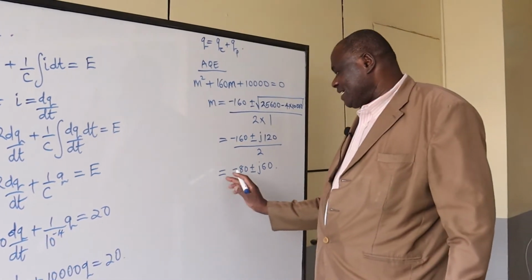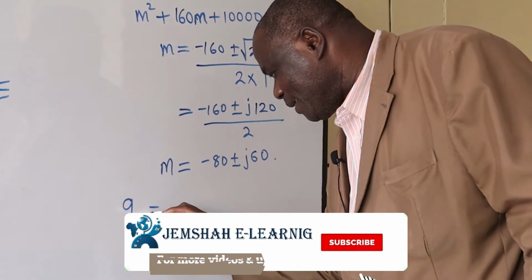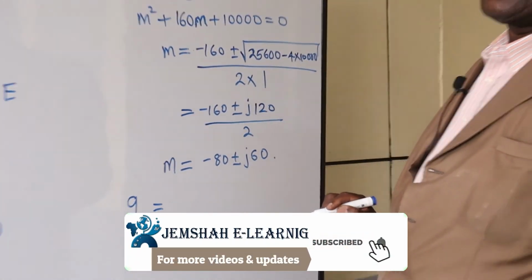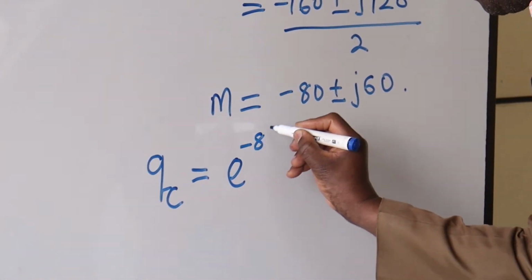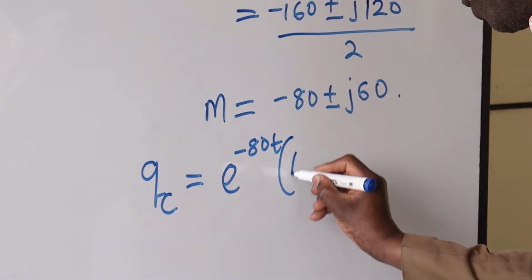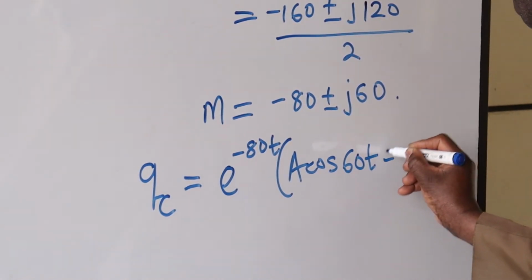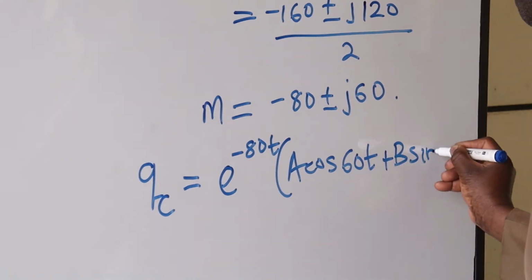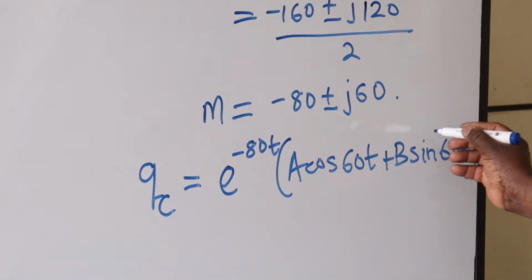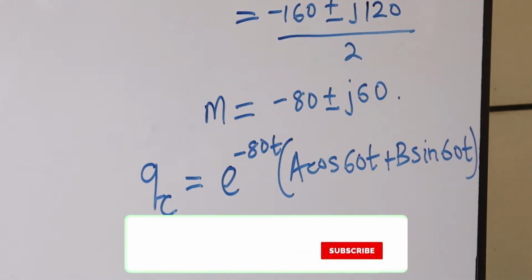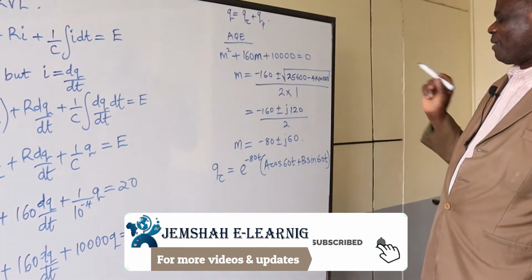So this is the value of m. So our QC will be equal to e power minus 80t into a cos 60t plus b sine 60t. That is our complementary function for our Q.